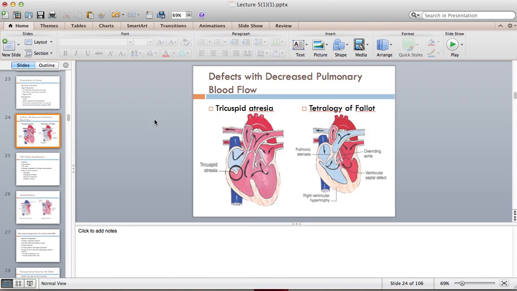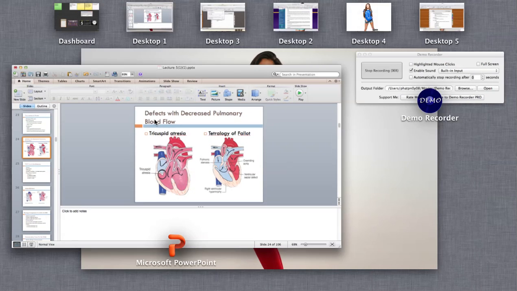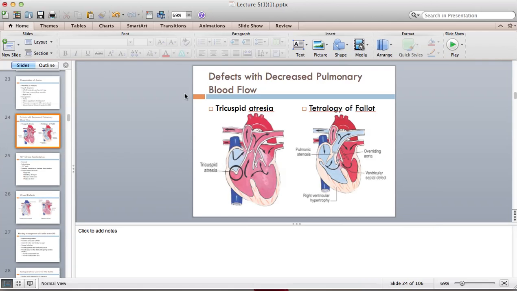Okay. All right. The other ones will be the ones that cause a decrease in pulmonary vessel blood flow. Here, see, the tricuspid valve did not develop. It's just like a blind spot or just very narrow.